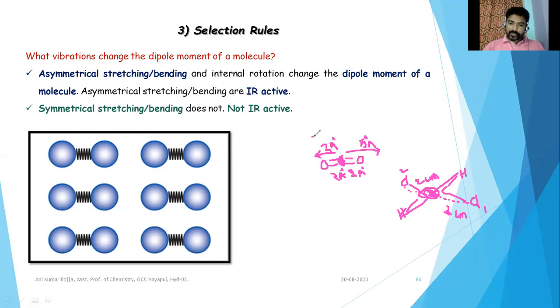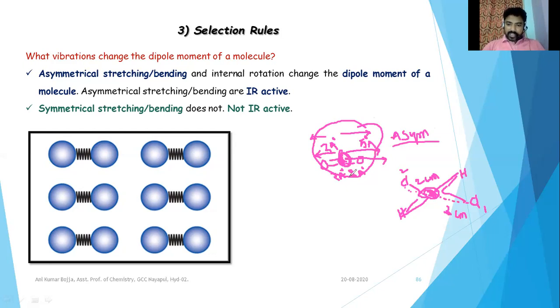So this is moving a little closer, whereas this oxygen is moving a little more distance from the center point of the molecule. This kind of stretching is called asymmetric stretching. In this kind of asymmetric stretching, the center of symmetry of the molecule is disturbed.